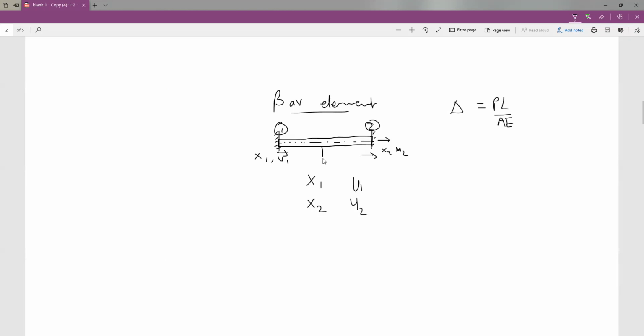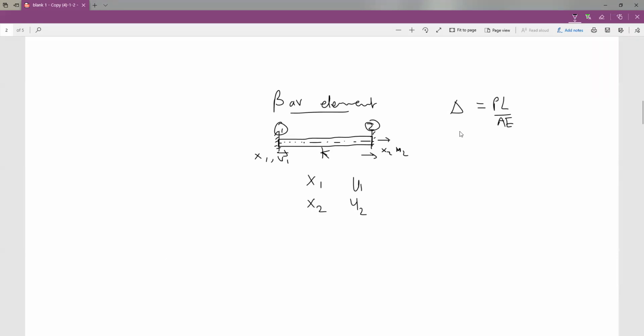Instead of K, now K is the stiffness of the bar, instead of K we will be using AE by L, because the force and the displacement relation here, when we allow unit deformation, we get the stiffness.